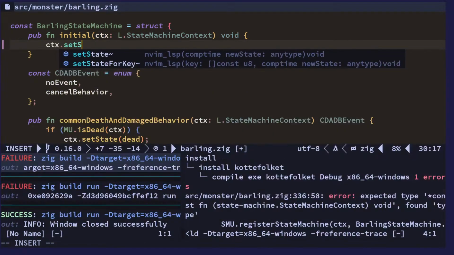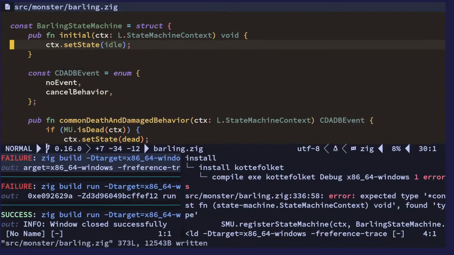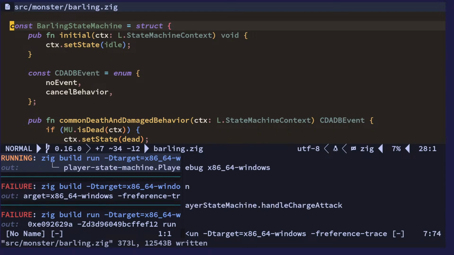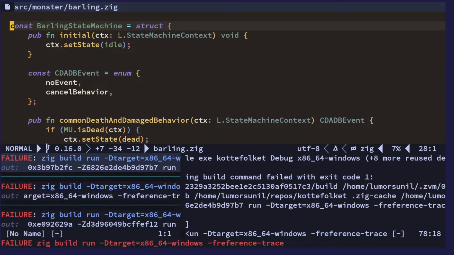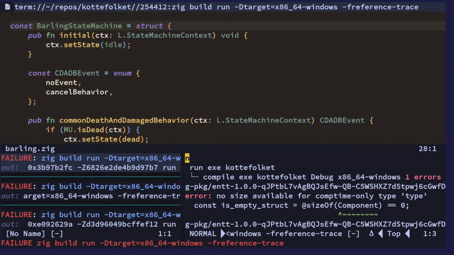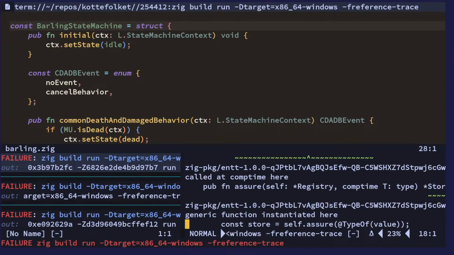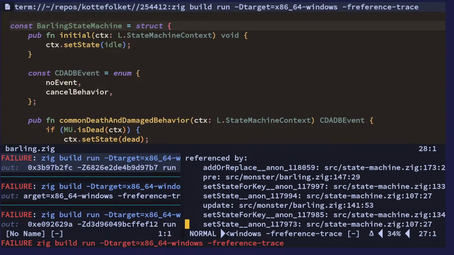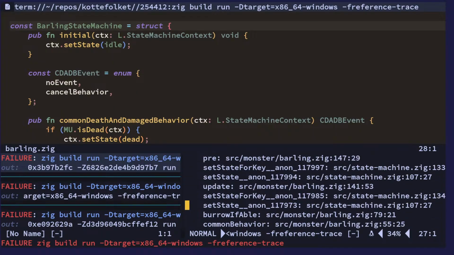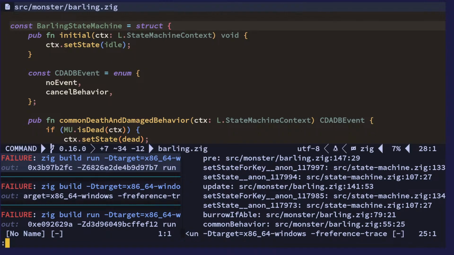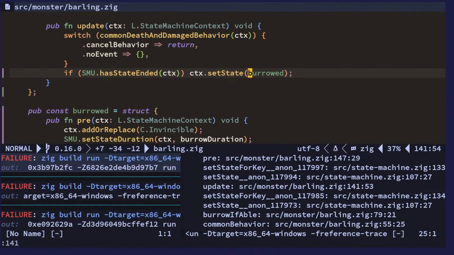Void set state to idle. No size available for comptime type, only type. One for the one state and set state to burrowed. Set state.